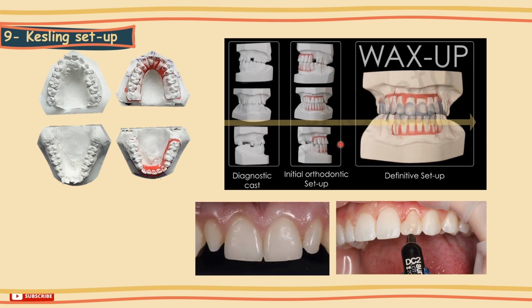The advantage of this is that the dynamic occlusion can be replicated to a certain extent, so that the potential forces on the final restorations can be taken into account. If only the static relationship is considered, then this can result in the final restorations having excessive forces applied in lateral excursions. There is also the clinical chair-side buildup of teeth and visual setup.